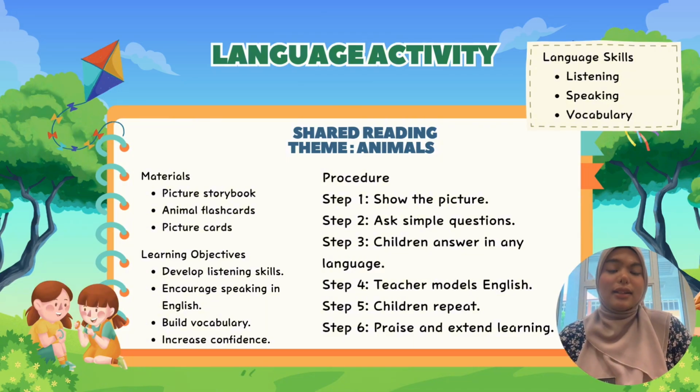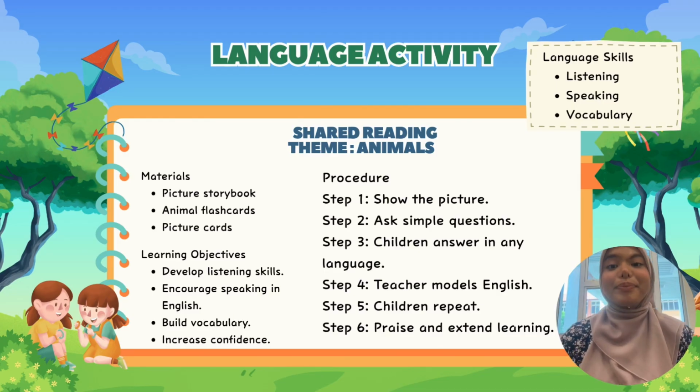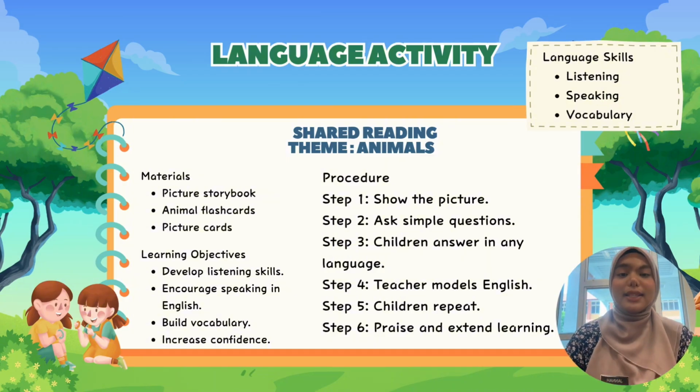Then I encourage the whole class to repeat, the rabbit is eating. In this way, children first express their ideas using a familiar language before learning the correct English sentence.